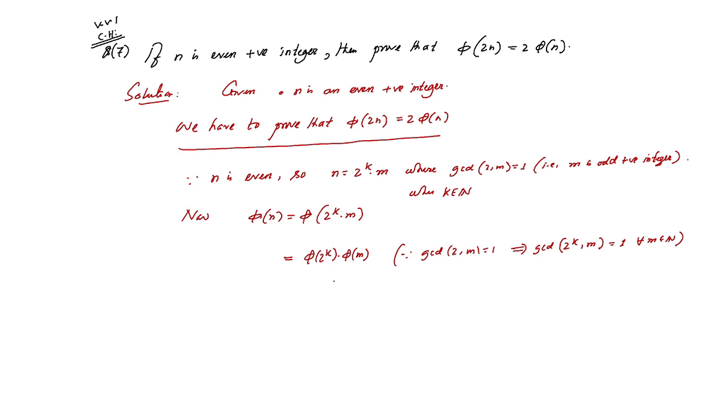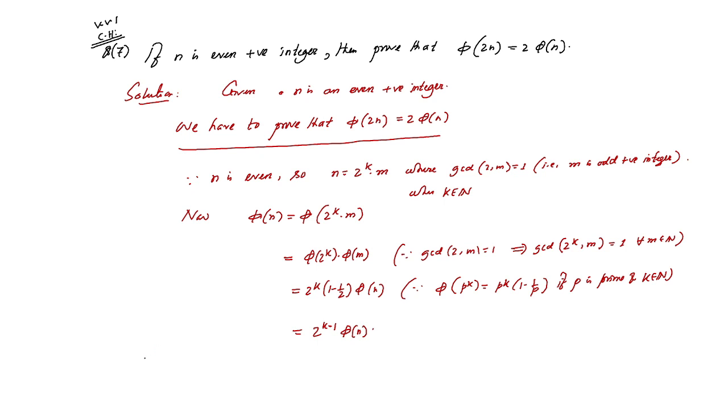Phi of 2 to the power k, you know, is 2 to the power k into 1 minus half, times phi m, because we know the result phi of p to the power k is p to the power k into 1 minus 1 by p if p is prime and k is a natural number. So this will be 2 to the power k minus 1 into phi m.